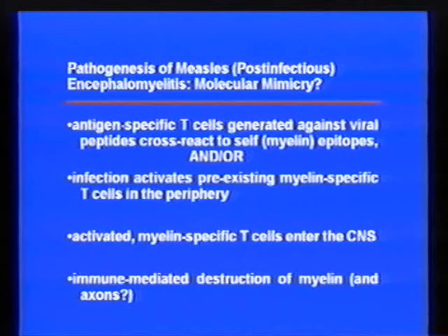In either case, these activated myelin-specific T cells work their way into the brain and cause an immune-mediated destruction of myelin, and possibly the axons themselves, producing the neurological symptoms. The term to describe this has been molecular mimicry.